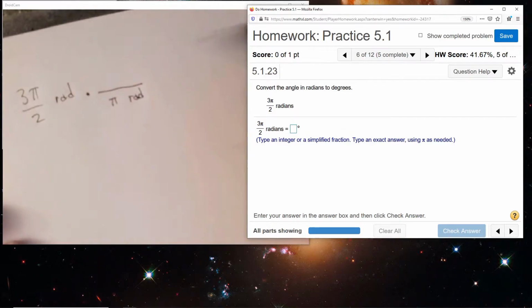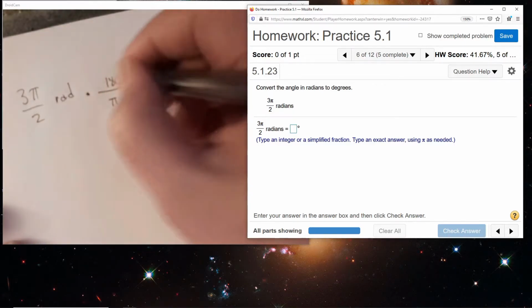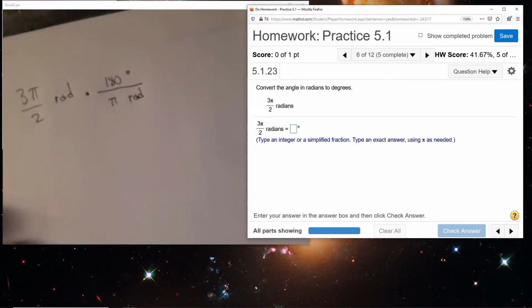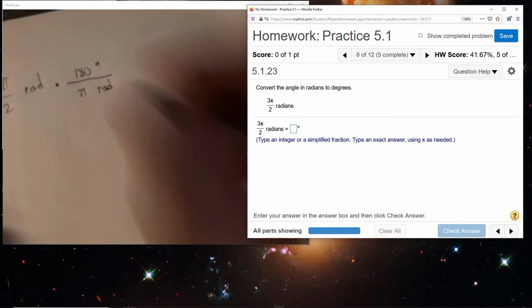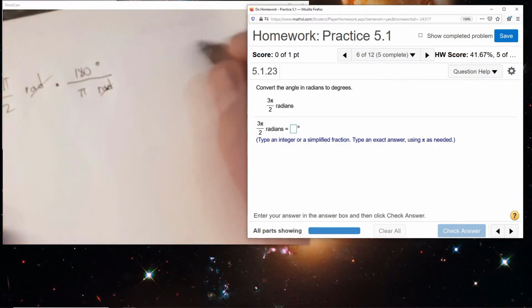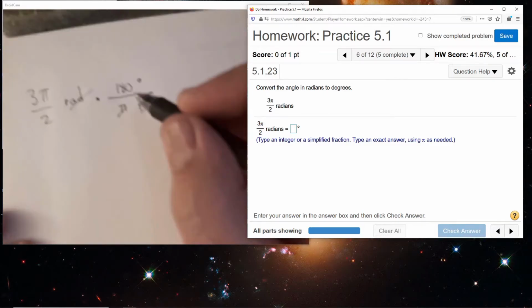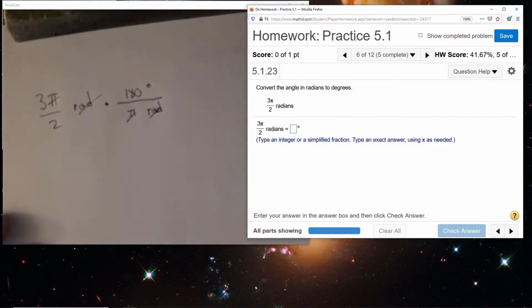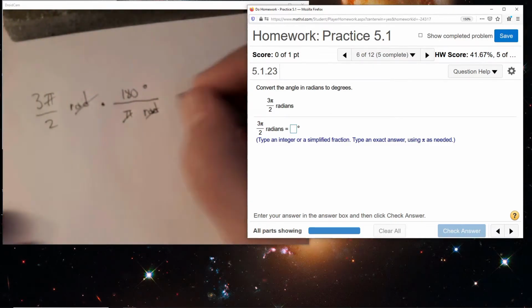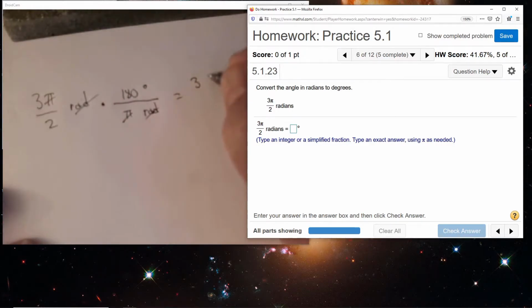And pi always goes with radians. And then we have 180 degrees in the numerator. So not only do radians cancel out, but the pi also cancels out. And so we're left with 3 times 180 divided by 2. And this is then in degrees.